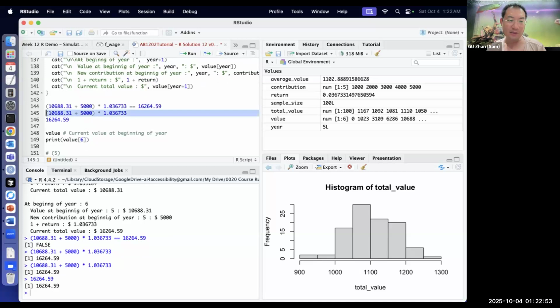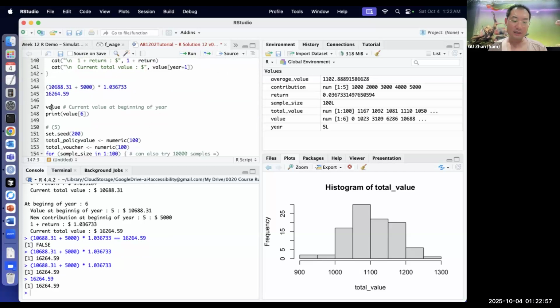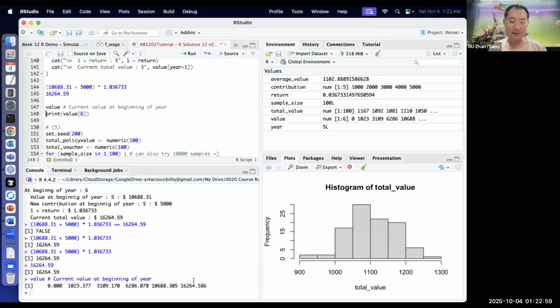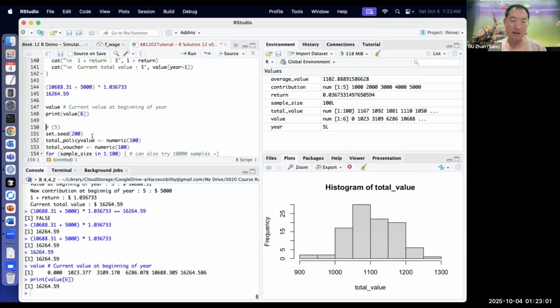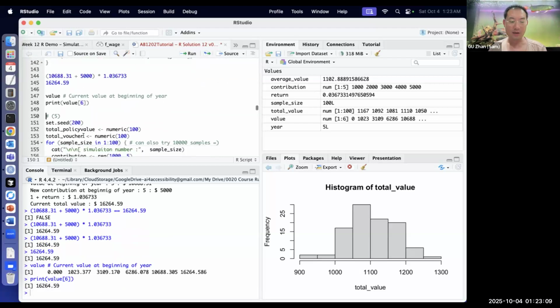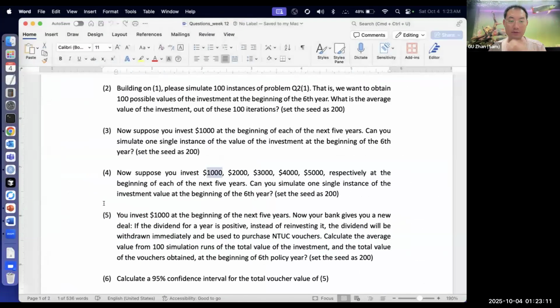Now look at this, the 6 years investment gain, and the last year is 1,626.64.59.